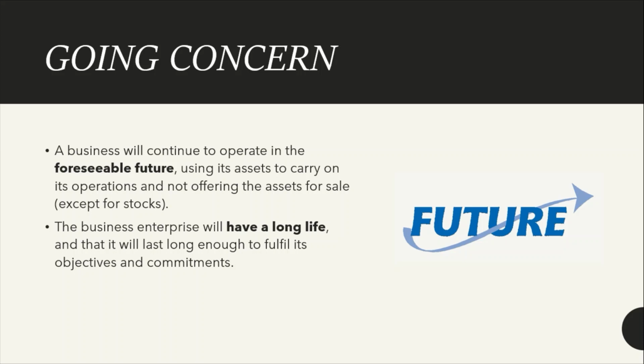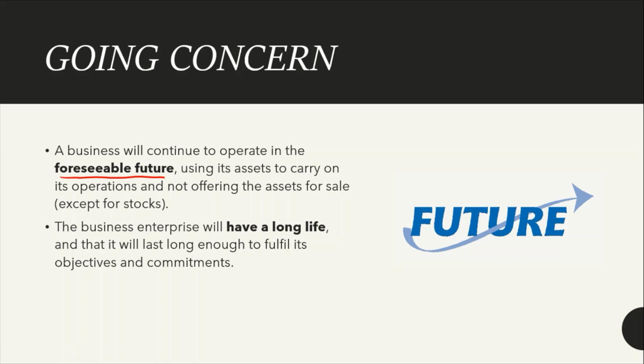So the going concern concept is the assumption that the business will run for a long time, non-stop, able to achieve its objective and commitment. As the picture stated, it is able to operate for a long time in the foreseeable future. That is the hint here, foreseeable future. Going concern is we assume the company will not go bankrupt in the near time.